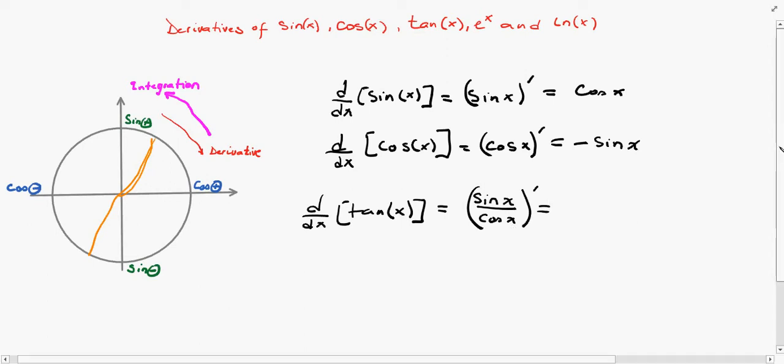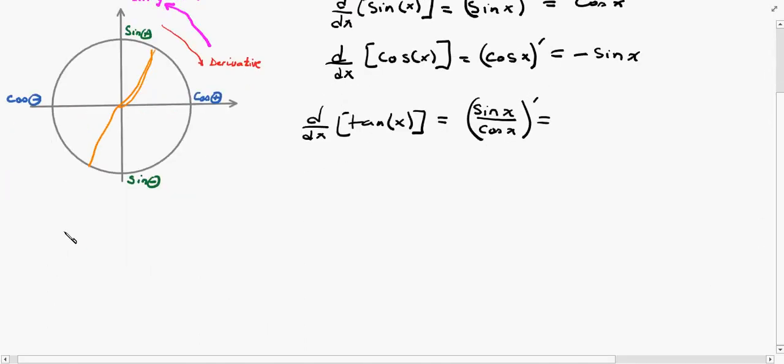The quotient rule stipulates that when you have u divided by v, prime, it's going to give you u prime times v minus u times v prime, divided by v to the power 2.